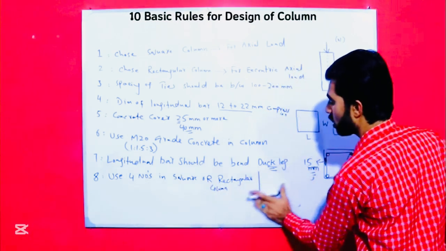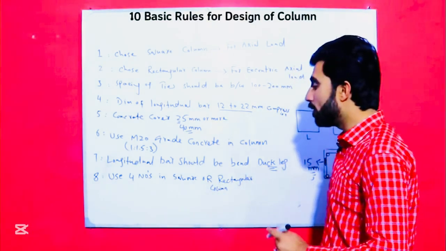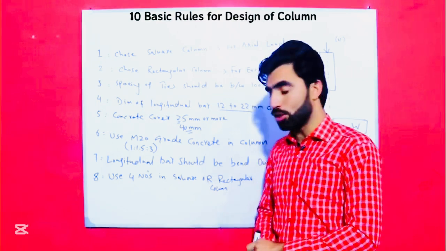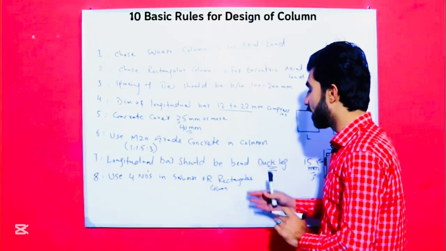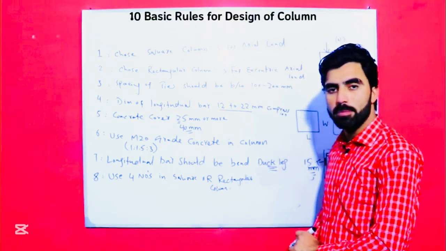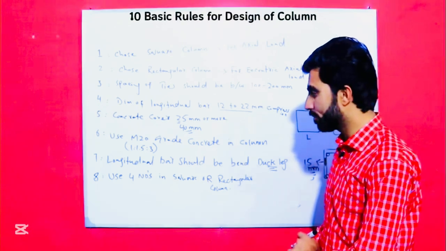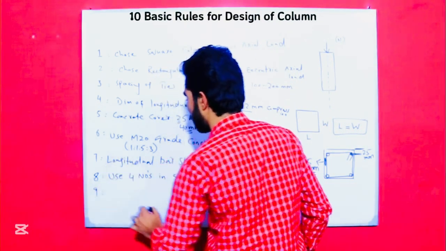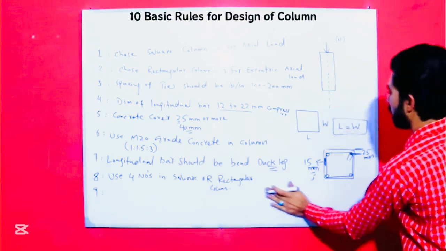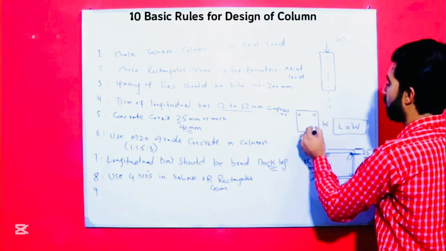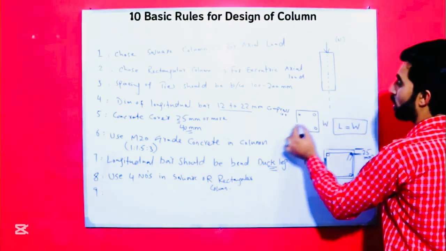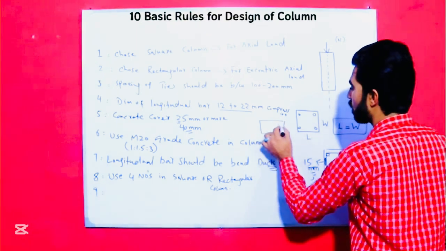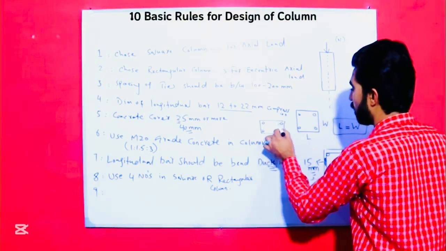Use minimum 4 numbers of longitudinal bars in square or in rectangular column. As you can see, this is a square column, so use minimum 4. And in a rectangular column also you can use 4 numbers minimum.